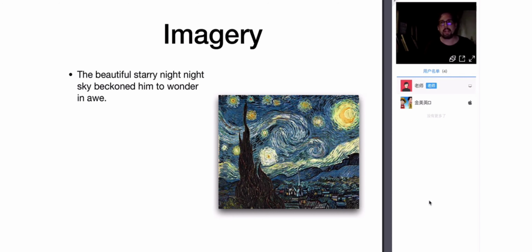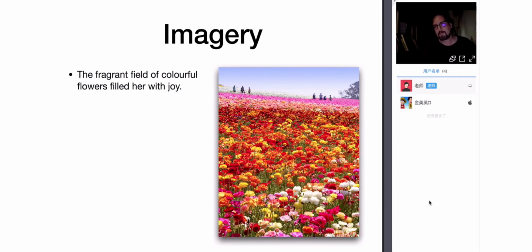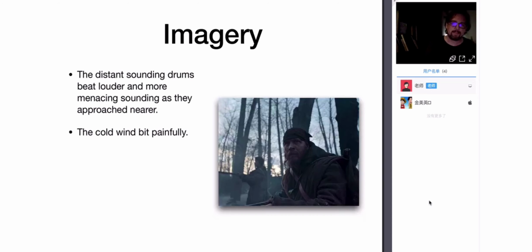It's a beautiful starry night. The fragrant field of colorful flowers filled her with joy. The distant-sounding drums beat louder and more menacing sounding as they approached nearer. The cold wind bit painfully.